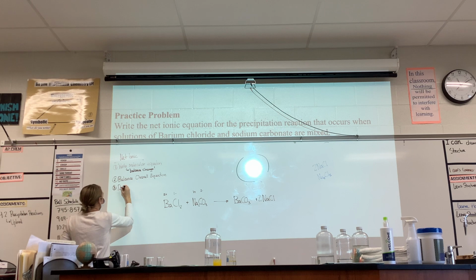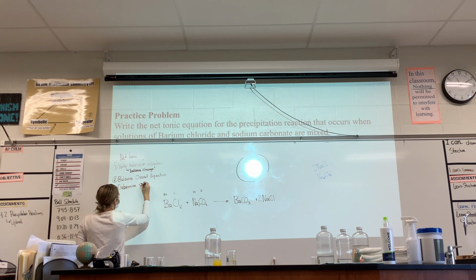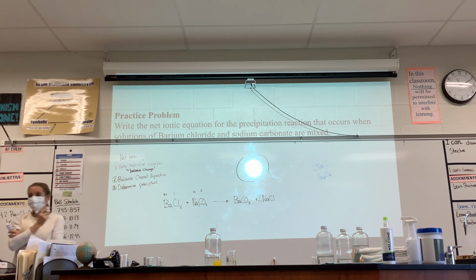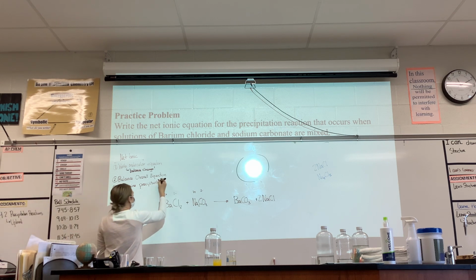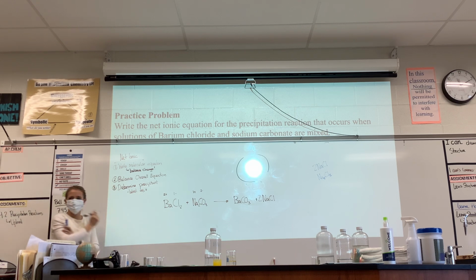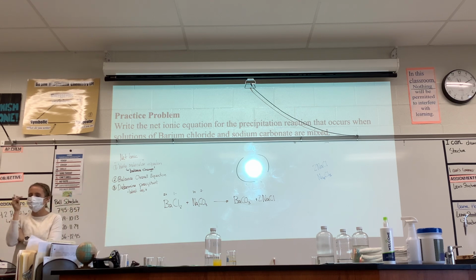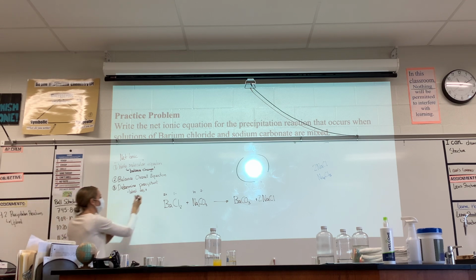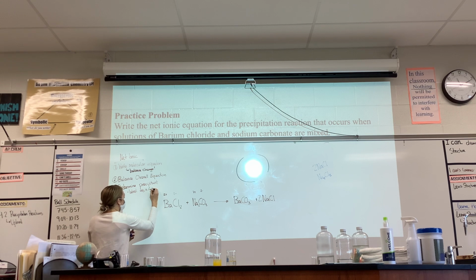Okay, step 3 is we need to determine the precipitants. Or in a sense, we need to label aq and solid. Now, for future reference, there are net ionic equations where the precipitant could actually be a liquid or a gas.